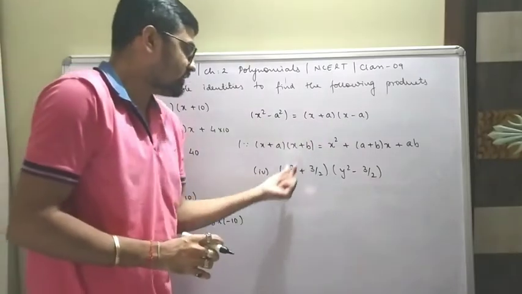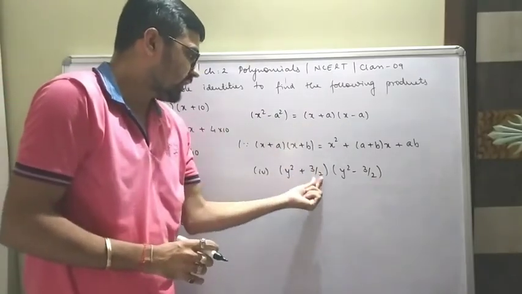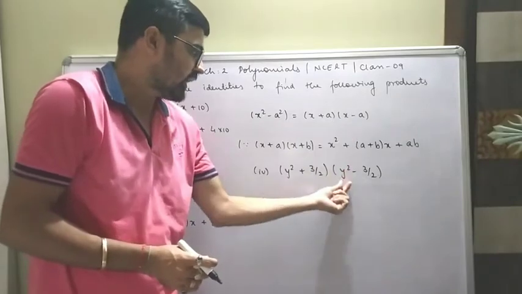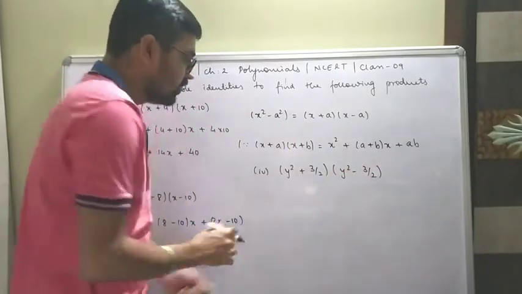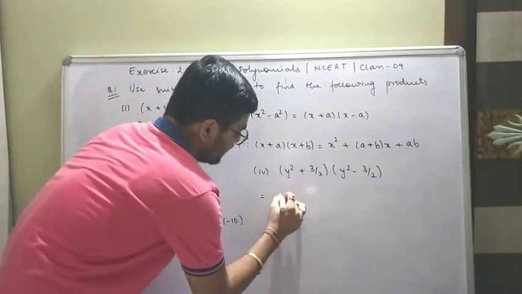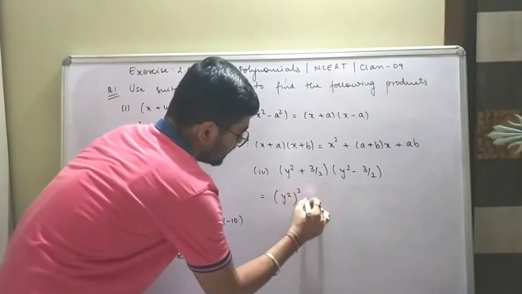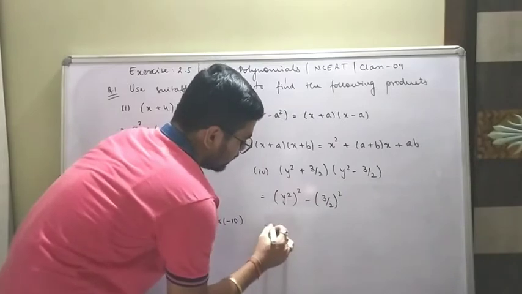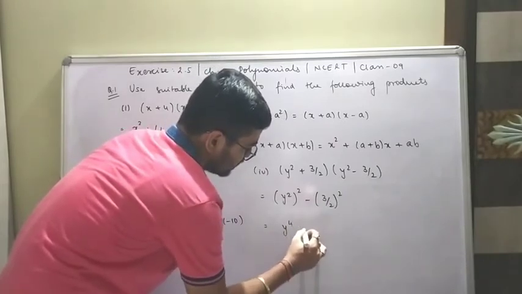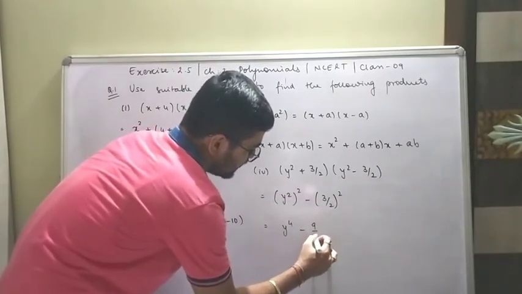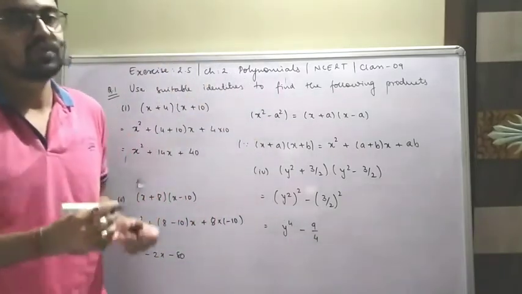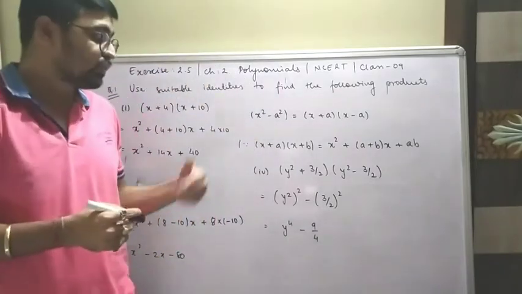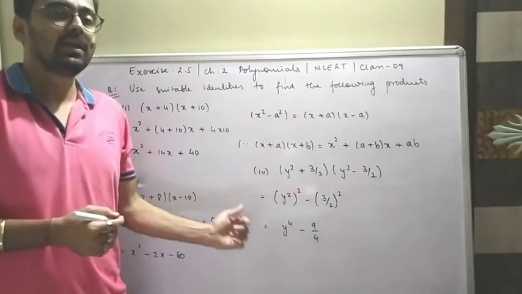Instead of x it is y square, and instead of a it is 3 by 2. So as per that identity it will become (y square) square minus (3 by 2) square. So y raised to 4 minus 9 by 4, since 3 square is 9 and 2 square is 4. This will become y raised to 4 minus 9 by 4.